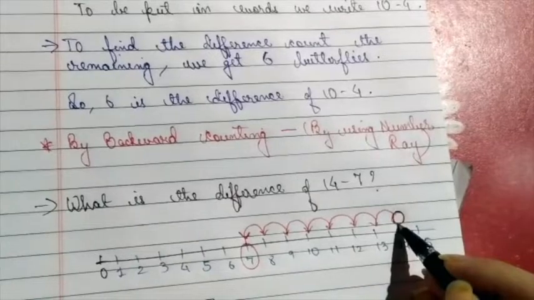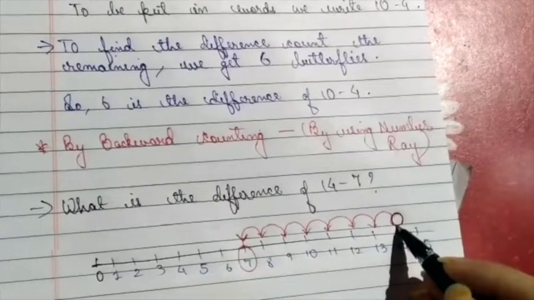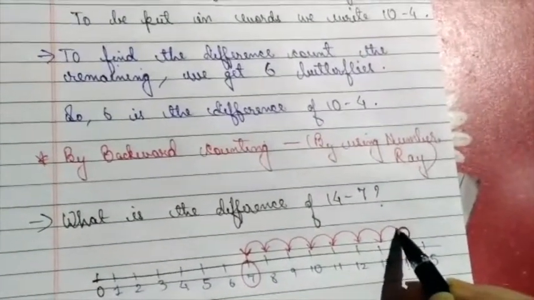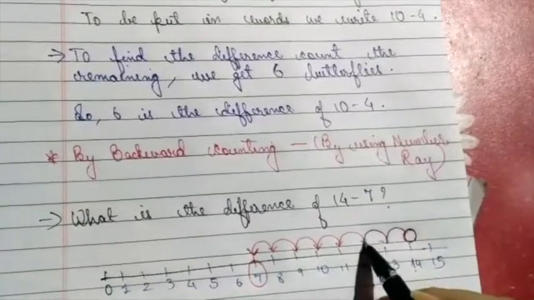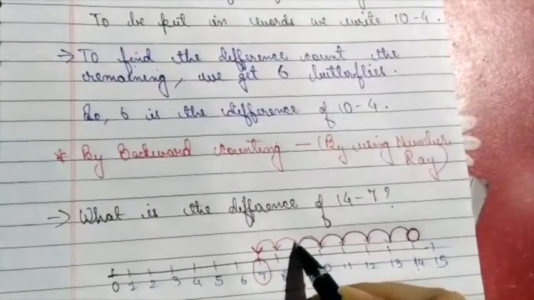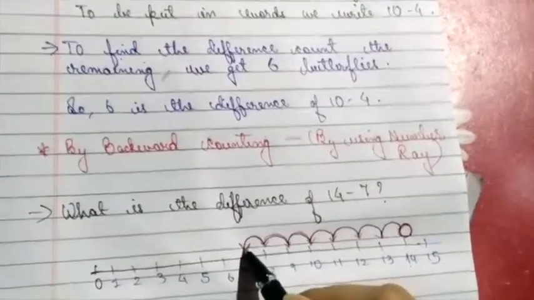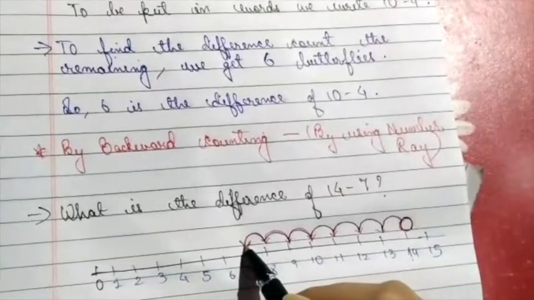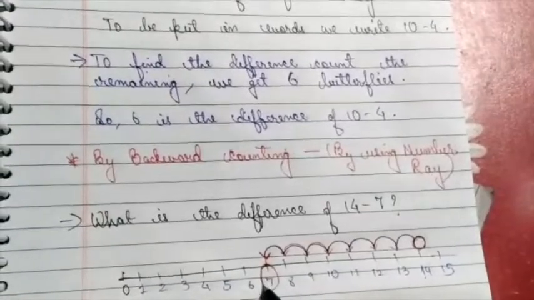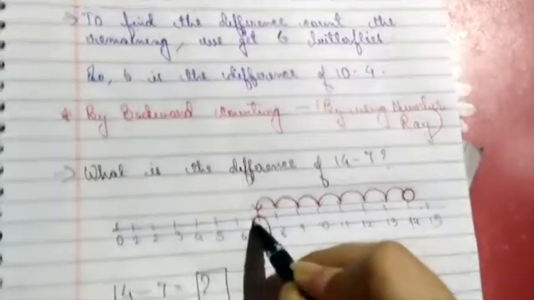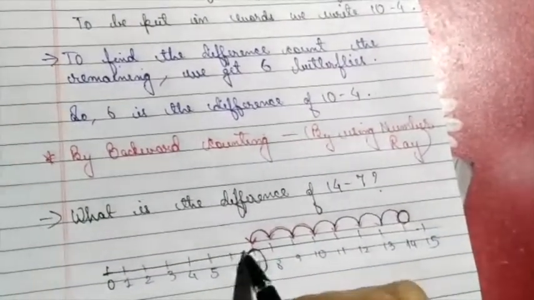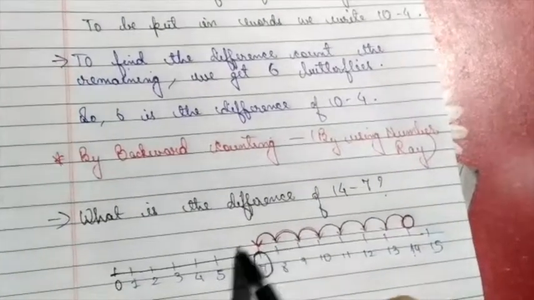Now we will move 7 steps backward. Count to 7. We will jump 7 steps backward: 1, 2, 3, 4, 5, 6, 7. Now stop here and circle this. The number we got is 7. Why have we done 7 steps backward?